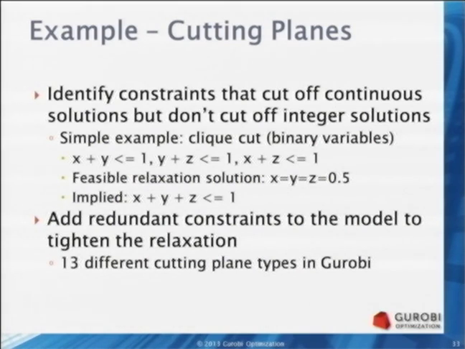You add a set of cutting planes to cut off that root solution value. You resolve, respecting those cutting planes. You cut that solution off. You repeat this process. There are 13 different cutting plane routines in Gurobi. It turns out that finding these violated cutting planes is actually cheap. The expensive part is re-optimizing, and that's Simplex.